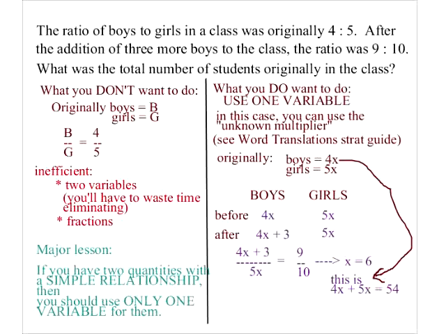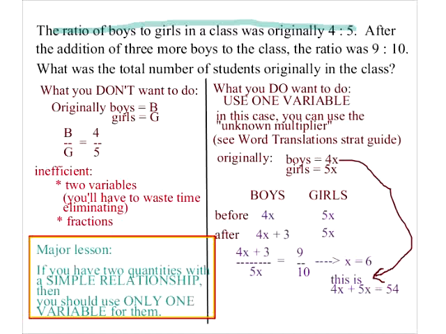This is a huge, huge lesson. Any kind of simple relationship, and we'll have some more examples of this on the next page. But here's the example of the simple relationship in this problem.